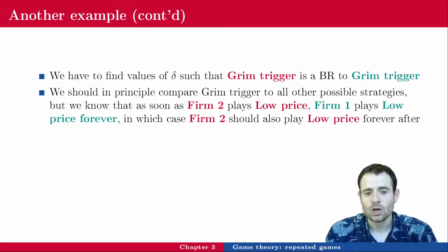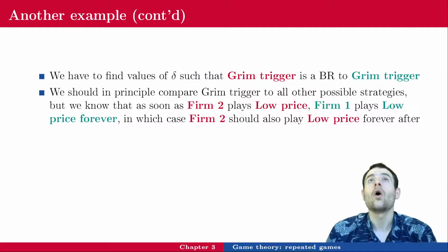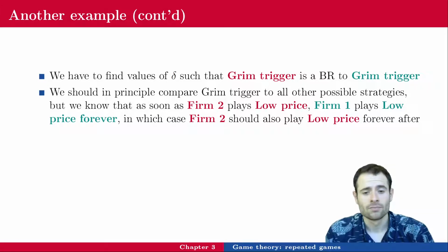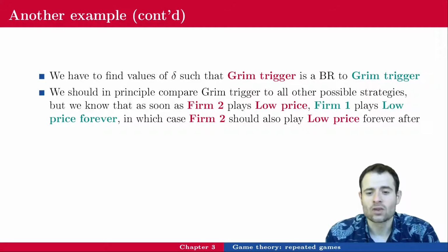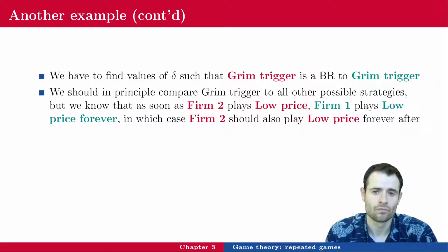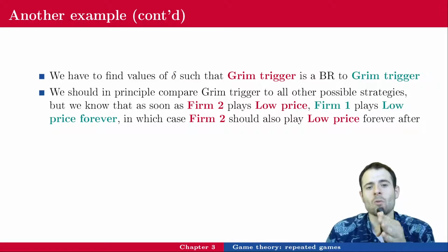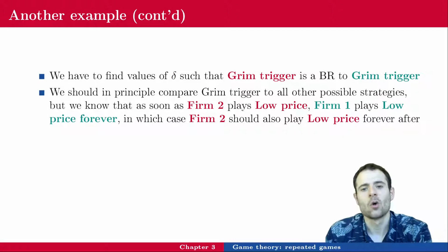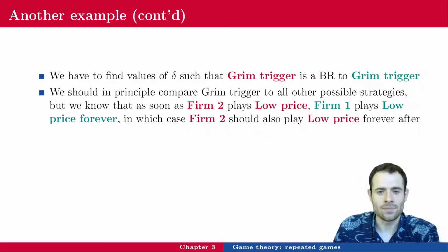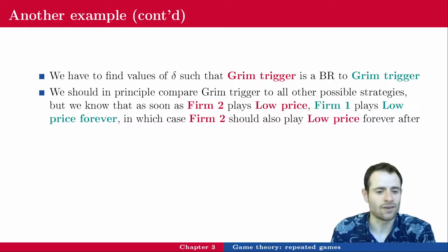So in principle, we should compare Grim trigger to all possible other strategies, but there is an infinite amount of them. What we know, however, is that whenever firm 2 plays low price, firm 2 should play low price for the rest of its life and beyond. So at least once low price is played once, we know that the best response will be to play low price forever after. So that is going to rule out many strategies that we don't even need to look at.